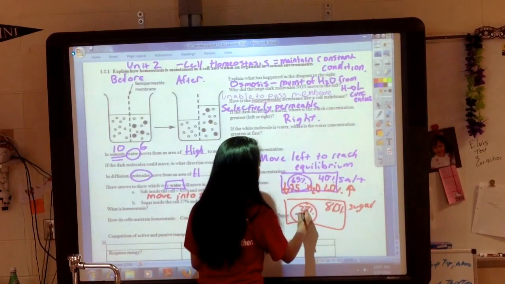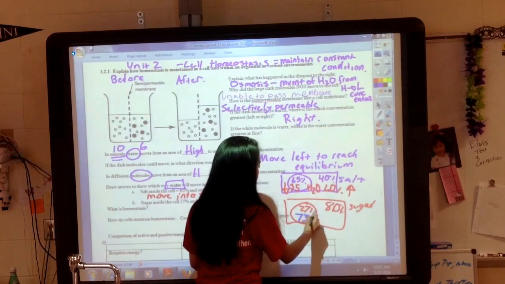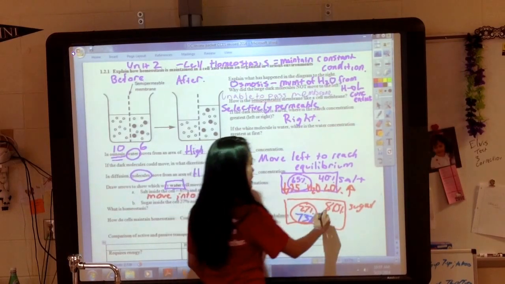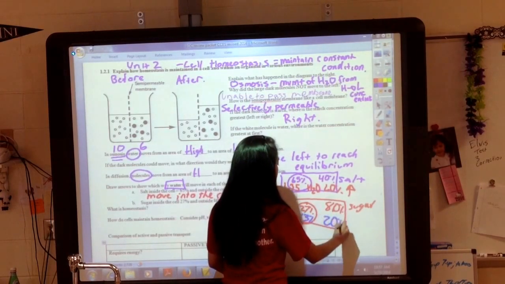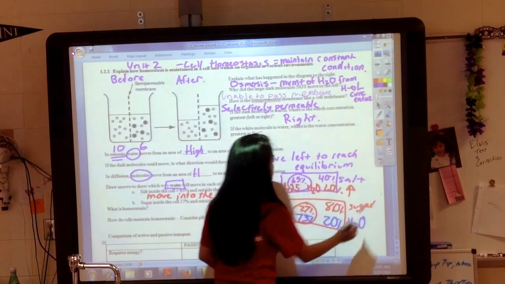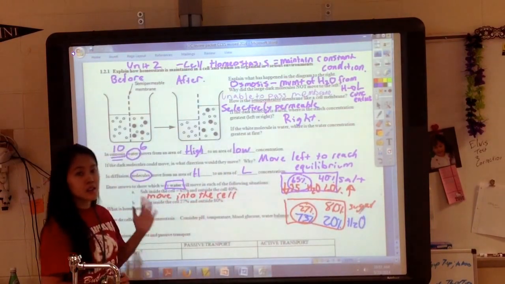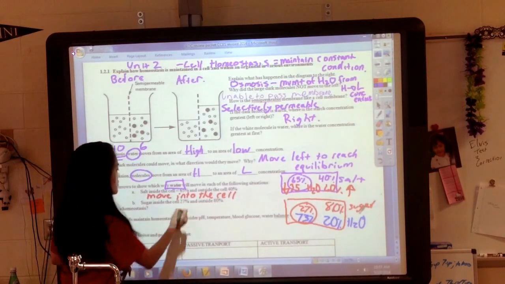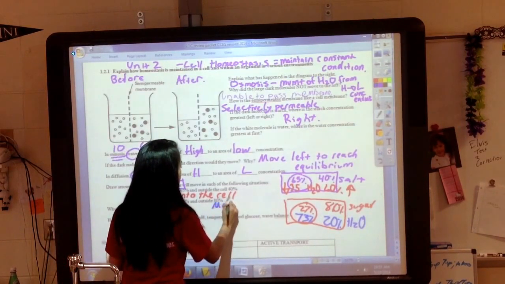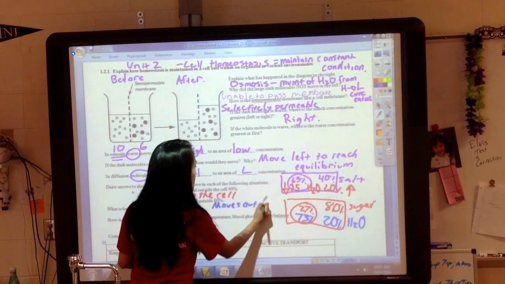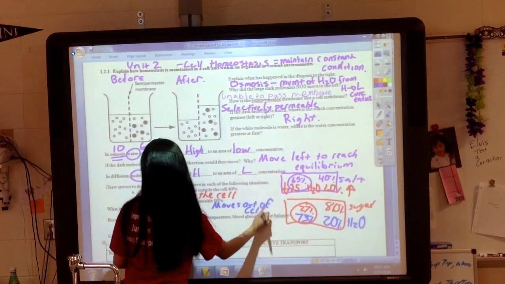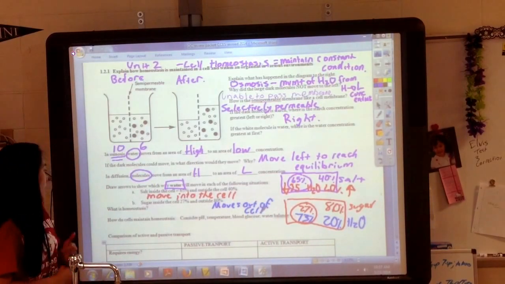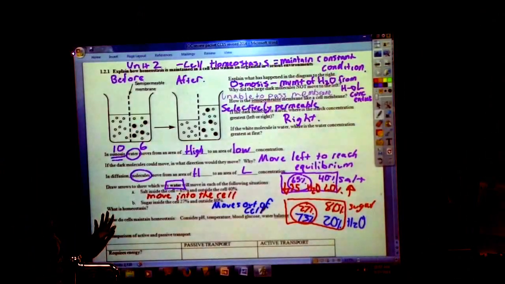So that would be 73% water. Outside the cell, I have 20% water, H2O. Water moves from high to low. So would it move in or out of the cell?